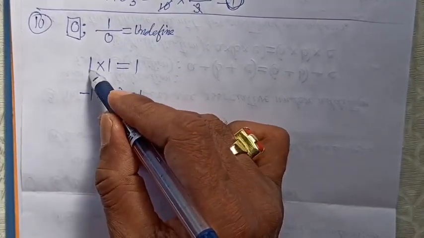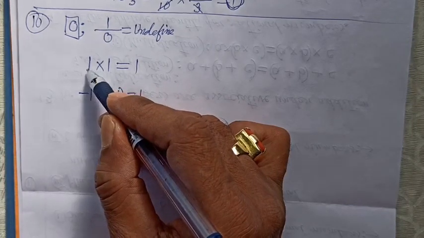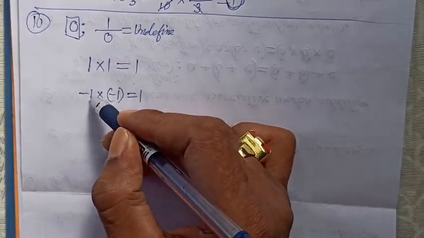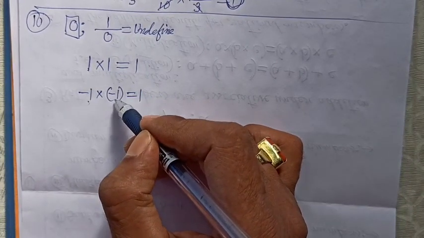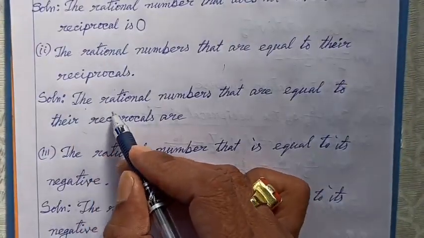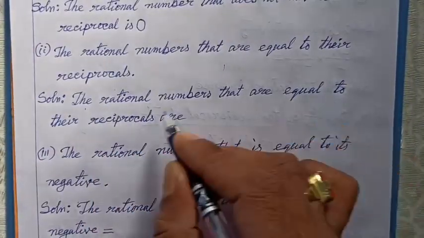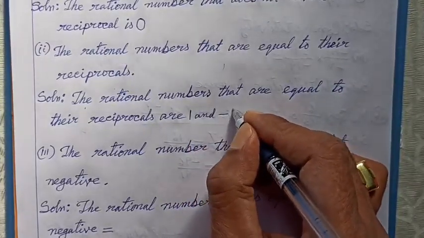So for this number 1, its reciprocal and the number 1 are equal. And for minus 1 also, its reciprocal is minus 1. So the rational numbers that are equal to their reciprocals are 1 and minus 1.